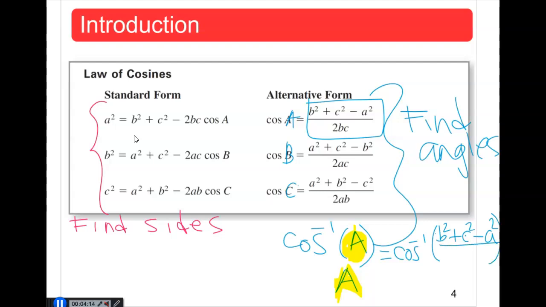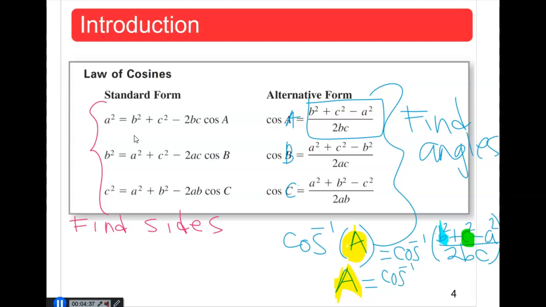On the bottom, we will have the denominator 2 times the same two sides that we have here, but without squaring them. So it will be 2 times b times c. And that is how we will find angle A.